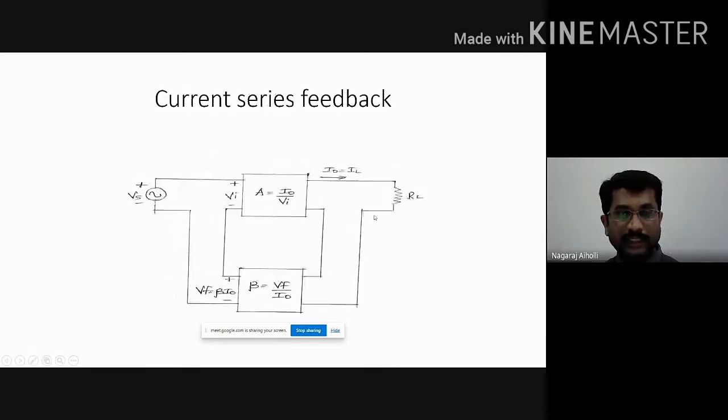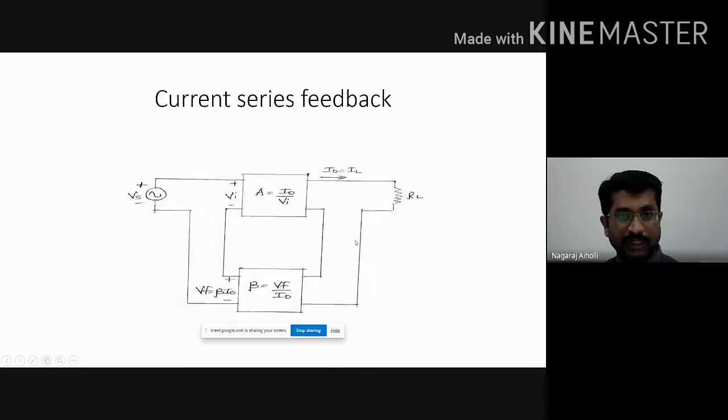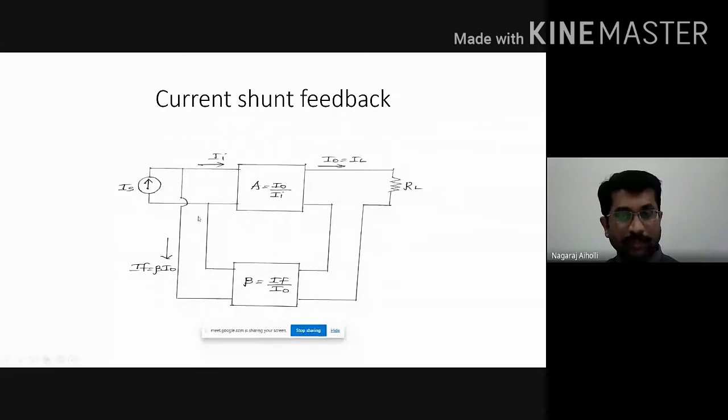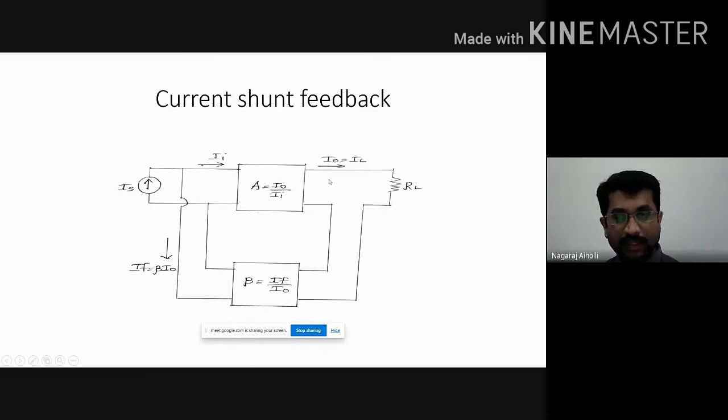The output from the feedback is in parallel with the input current source, here also it is the same. Whereas the main difference is that in voltage shunt, the voltage is collected from the output of the amplifier and applied as input to the feedback. In current shunt, the current is tapped from the output of the amplifier and applied as input to the feedback network.